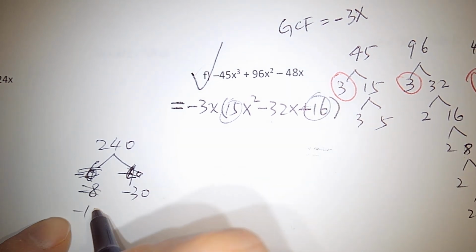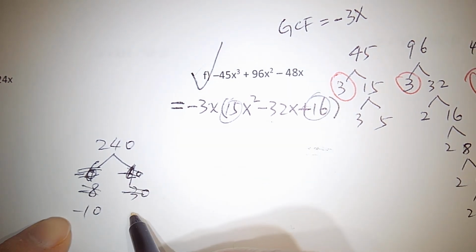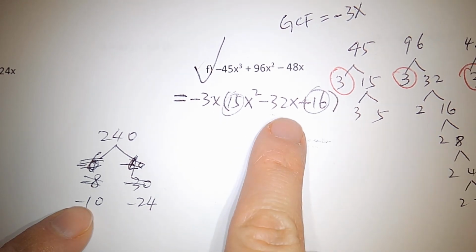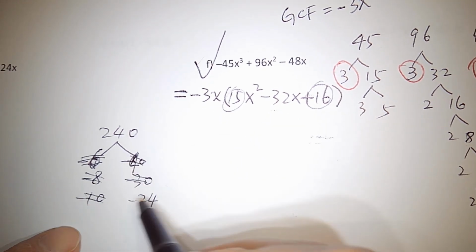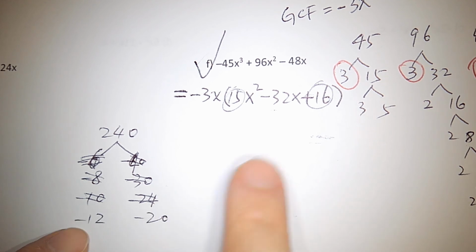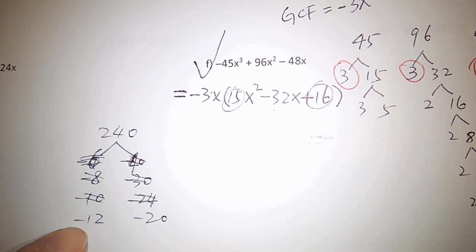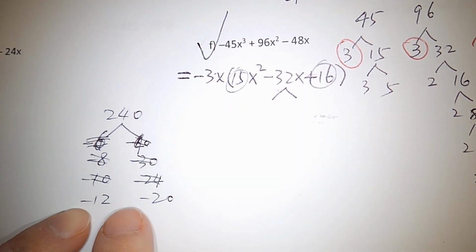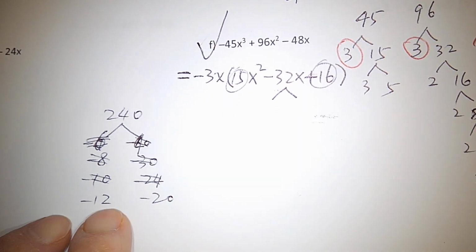How about we try negative 10 by negative 24? Not yet. How about we try negative 12 and negative 20? Yes or no? Bingo. There we go. So we're going to split the negative 32x into negative 12x and negative 20x, right?